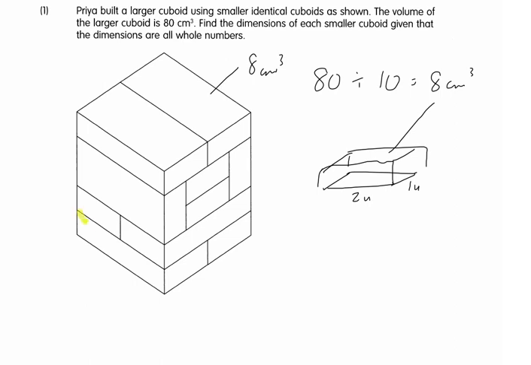Length equals 2 breadth, right? Agree? So the next thing we need to know is the height. The height is actually half a unit, right? I'm trying to draw it out here for you to see.